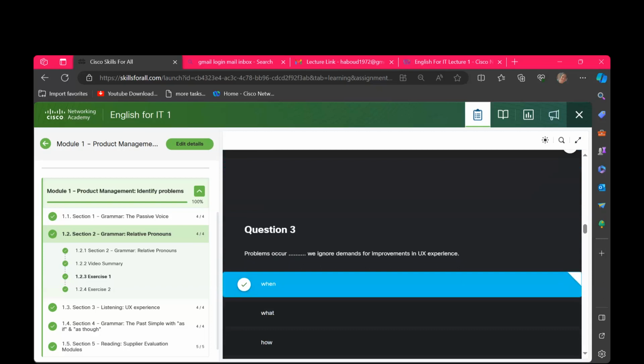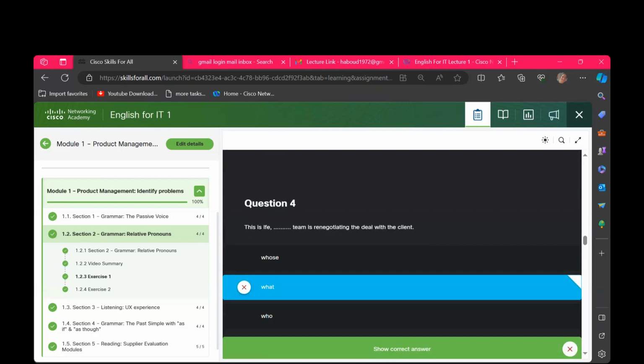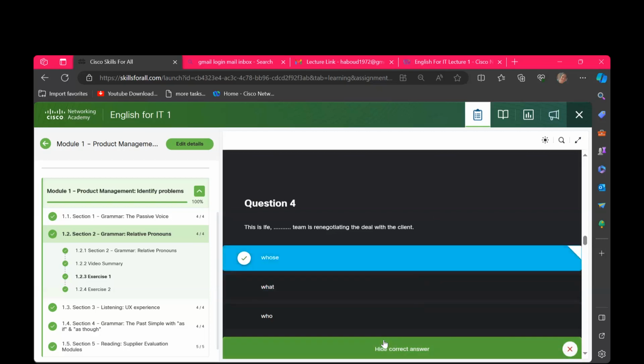Okay, question number 3. Problems occur when, what or how we ignore demands for improvements in user experiences. What do you think? Problems occur means happen, so there is a time, so when. Bravo. Question number 4. Oh, what do you think here? Let's have a look at that. We chose what, but it tells us what is not correct. What do you think the answer will be? Let's think together a little more. Can anyone give me the answer? Yes, bravo.